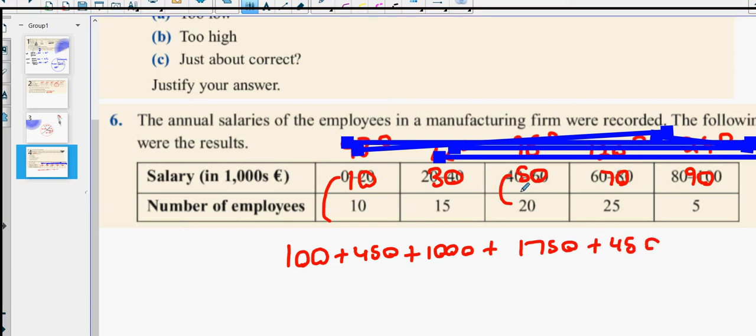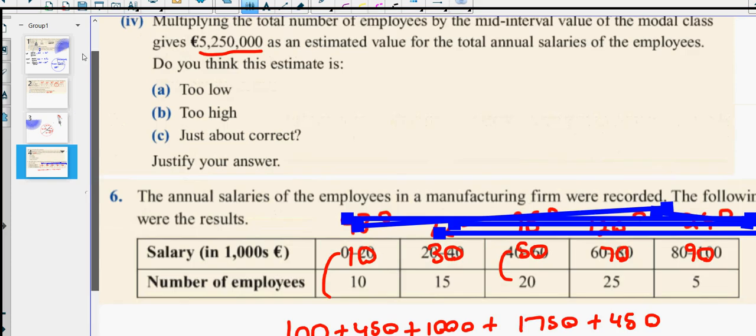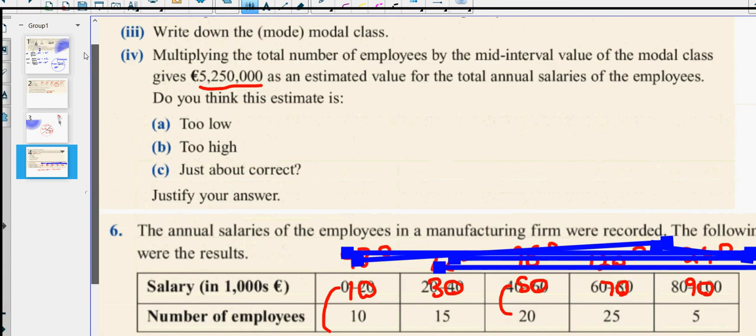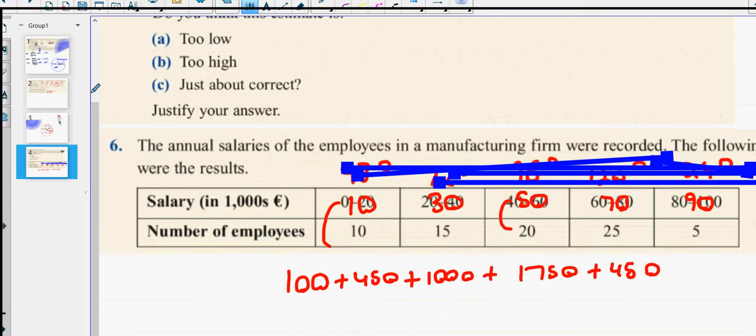Now, can we add all them together? Are we looking for the mean, or are we looking for the total? We're not looking for the mean, we're looking for the total salary. So what do you think this answer is? Is it 3,750? Good job.